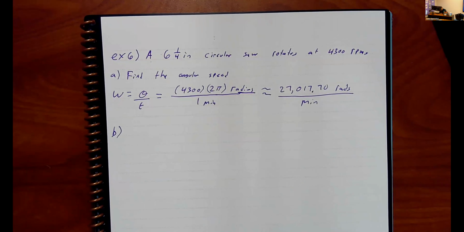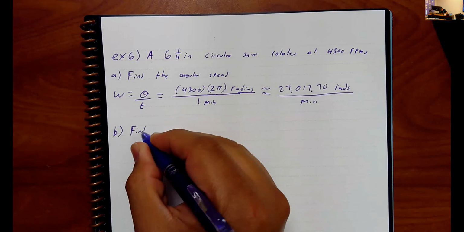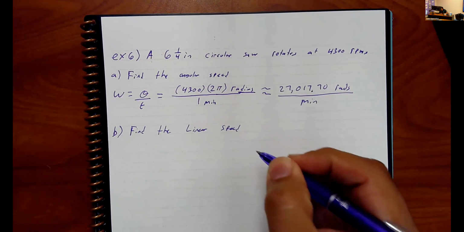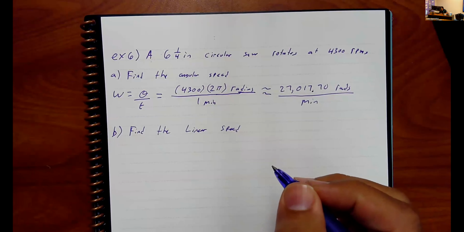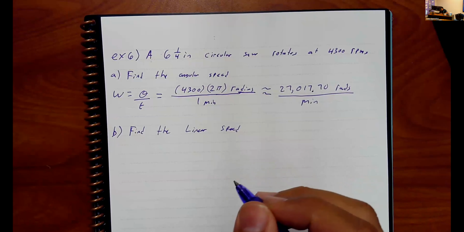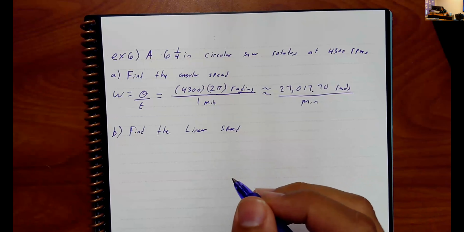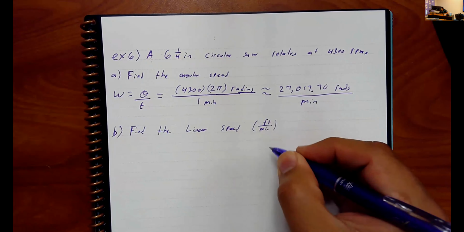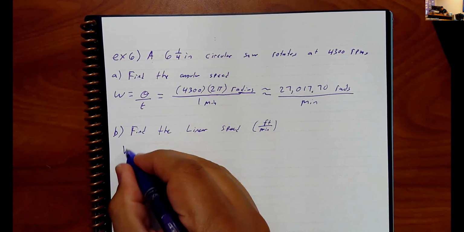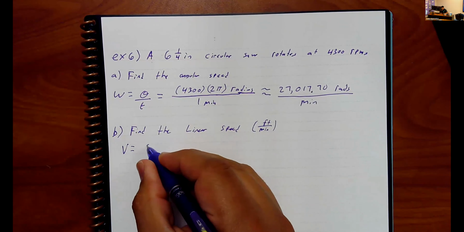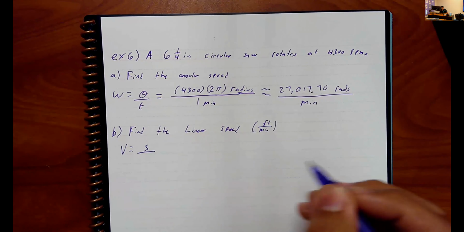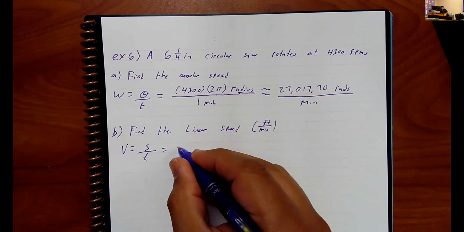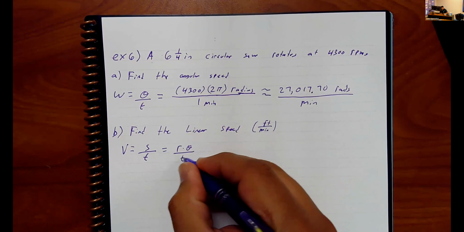All right, part B, last part. Find the linear speed. All right, so linear speed is arc length over time, which is the same as saying r theta over time, right?